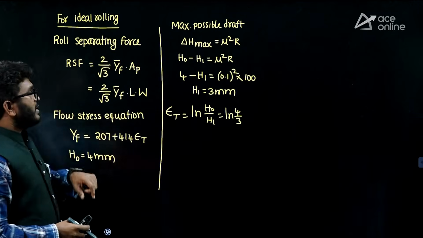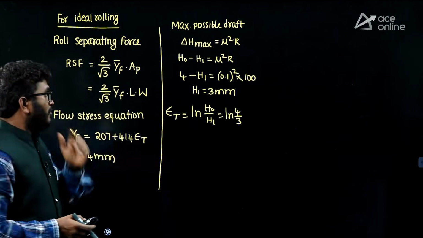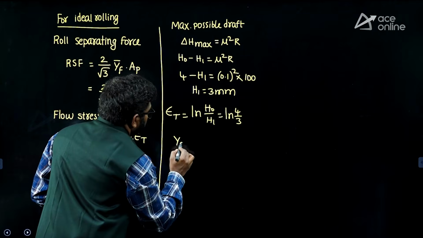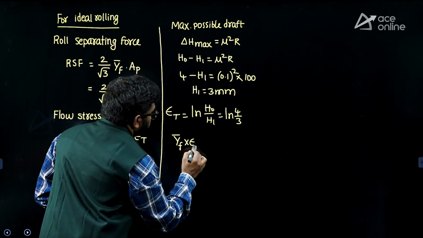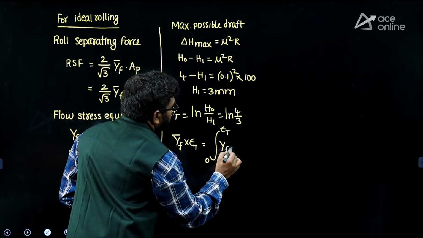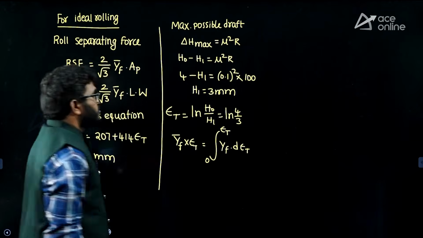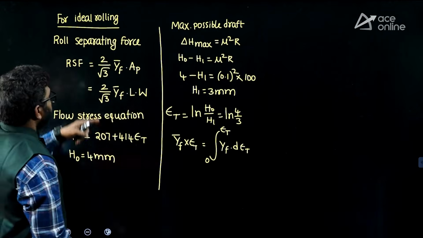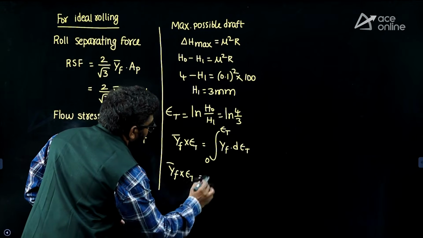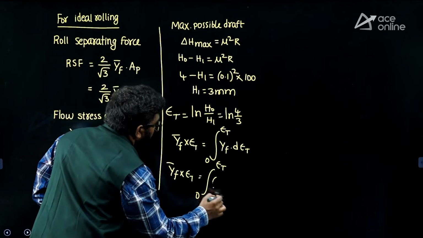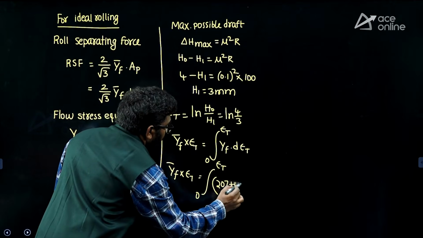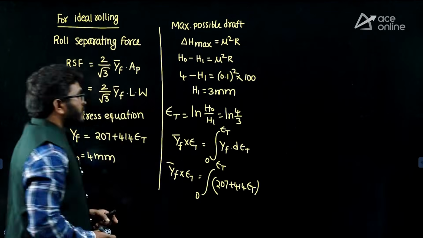Next we should calculate the average flow stress also. How will you calculate average flow stress? By equating energy equilibrium, y bar f into epsilon t is equal to integral from 0 to epsilon t of yf d epsilon t. We should use this equation. The equation is 207 plus 414 into epsilon t.